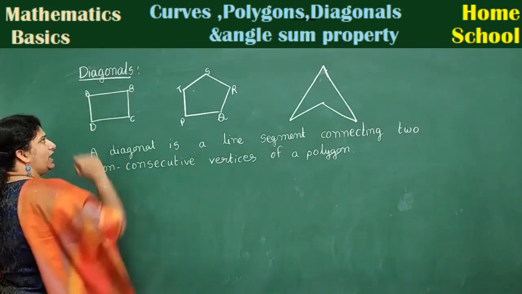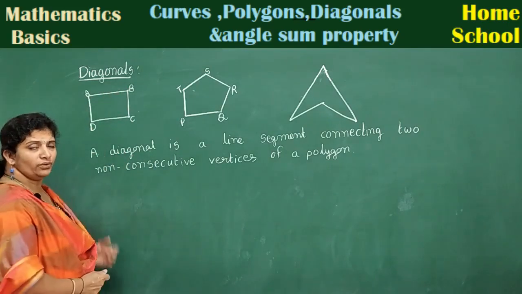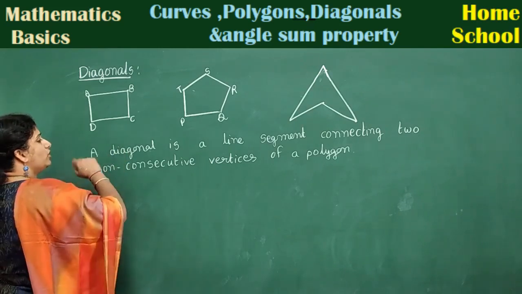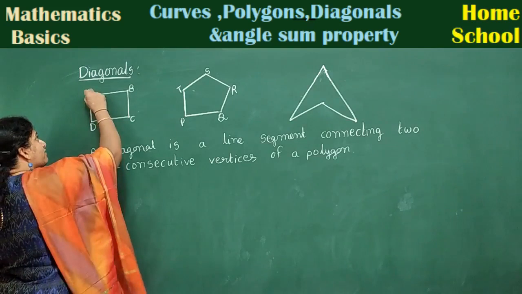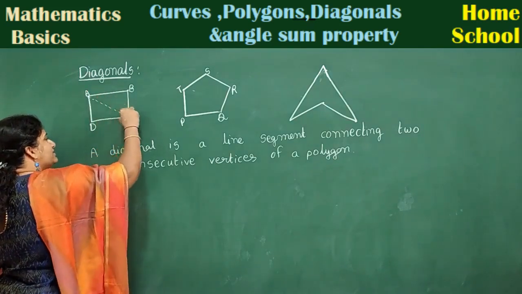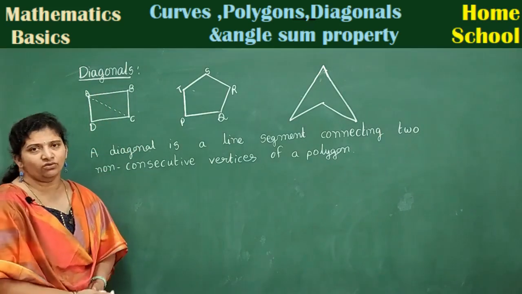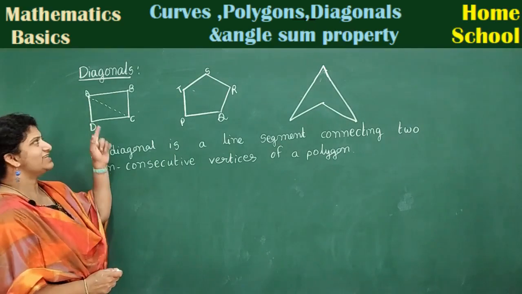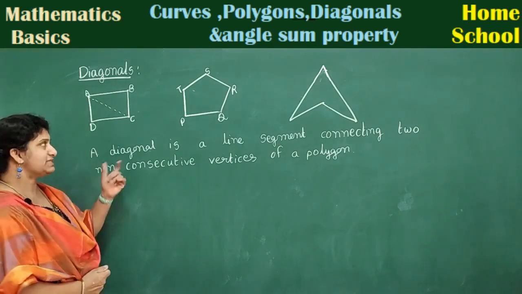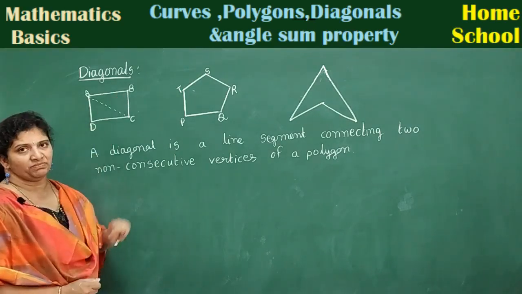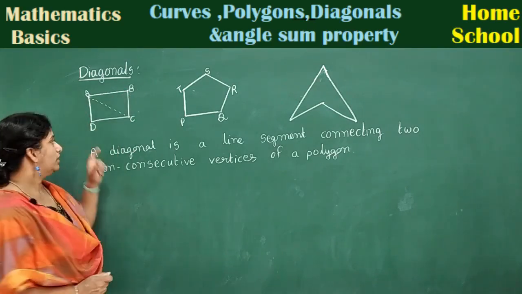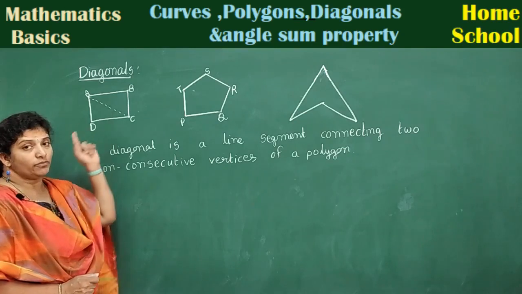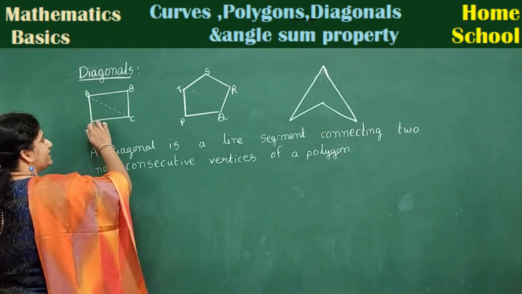Then for A, what is a non-consecutive vertex? For this figure, for A, C is the non-consecutive vertex. Therefore, AC is a diagonal. Similarly, for B, A and C are consecutive. D, which is opposite to B, you can see here.